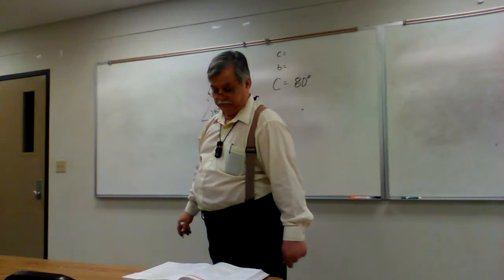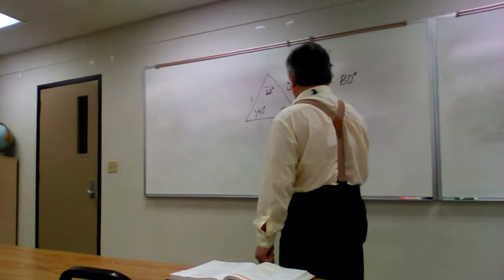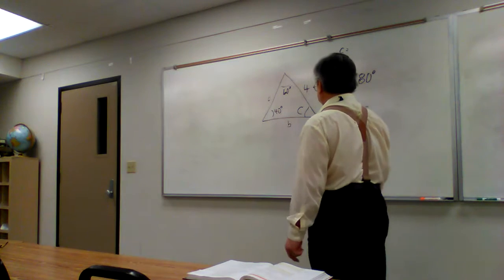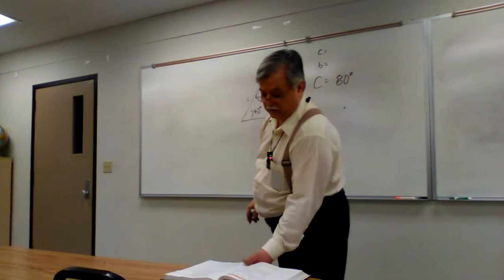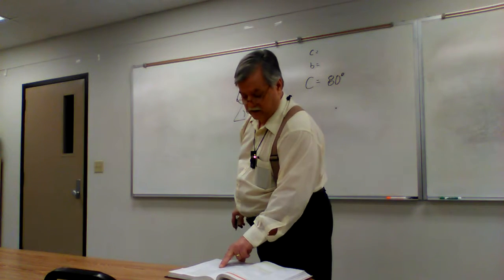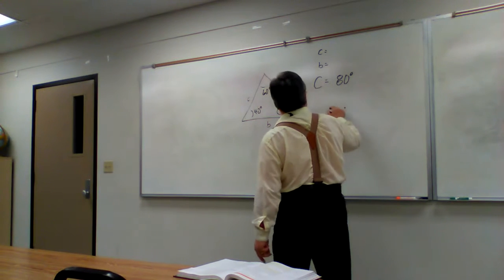So now all we need to do is solve for these sides. Well, we know from the law of, well, let me follow the book just to make sure. Sine A over, yeah, okay, we know sine A, which is 40 degrees.